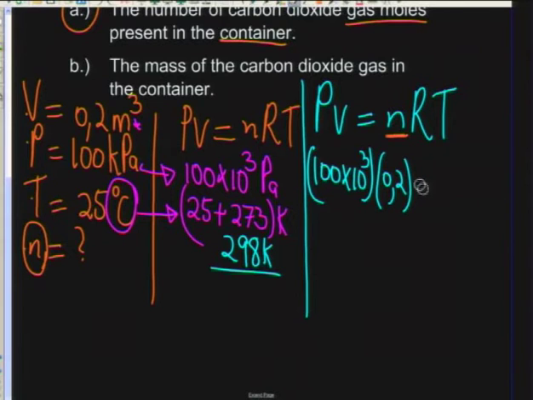N is what I'm looking for, times 8.31 times 298. Okay? So 298 is my Kelvin temperature. From here, I can then just use my calculator.